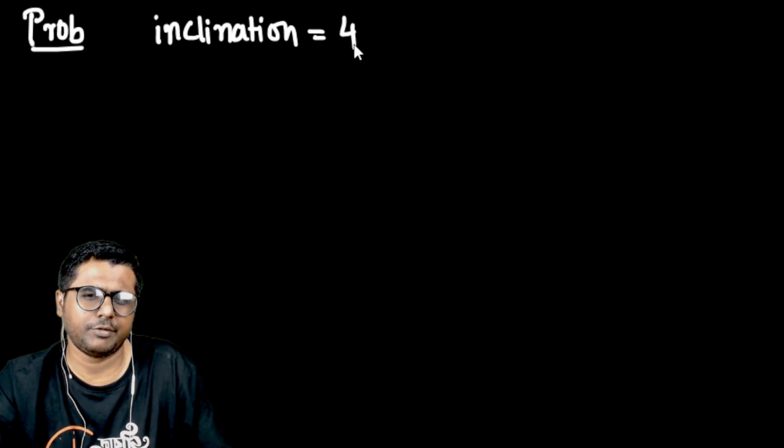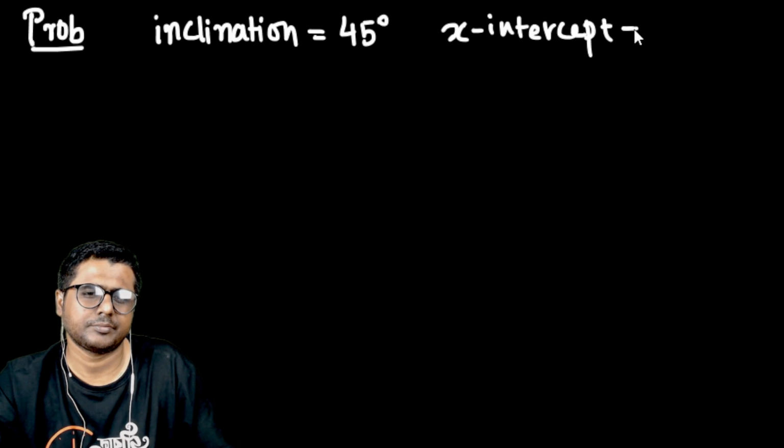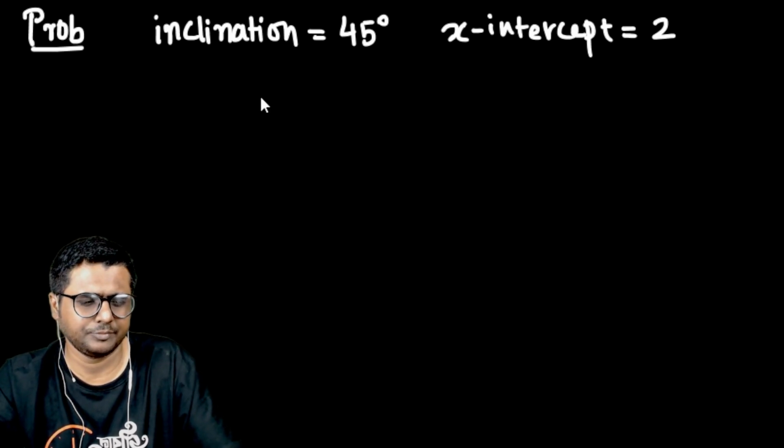Next problem. The inclination is equal to 45 degrees. The x intercept is equal to, say, 2. So you have to find the equation of the straight line.